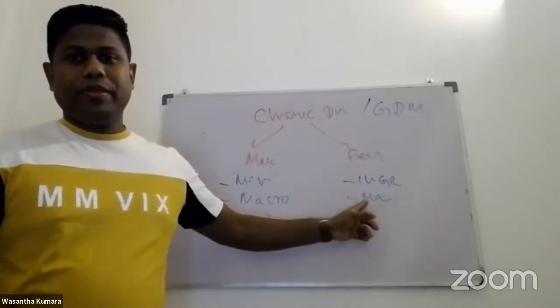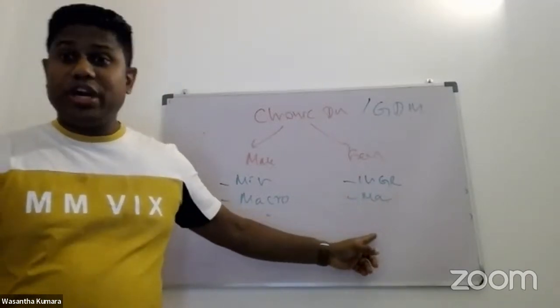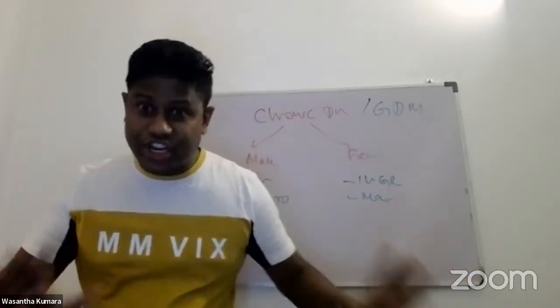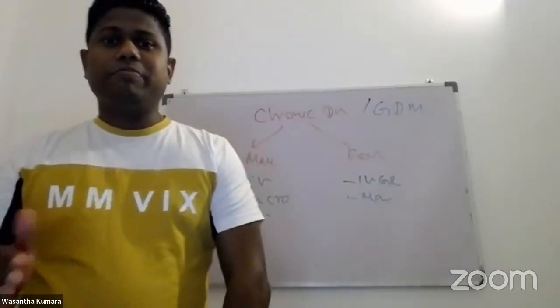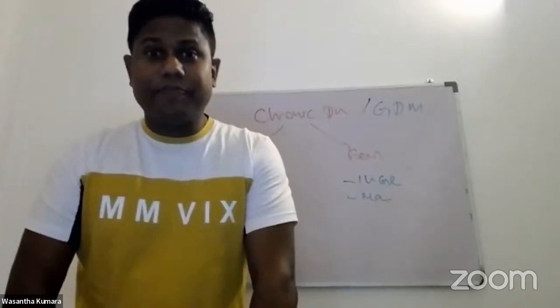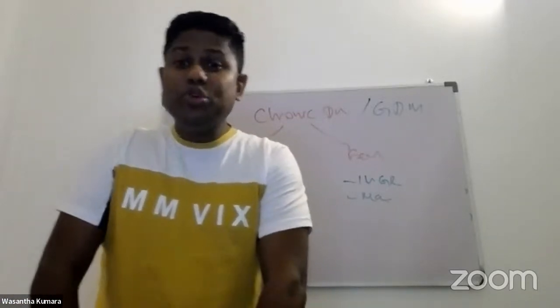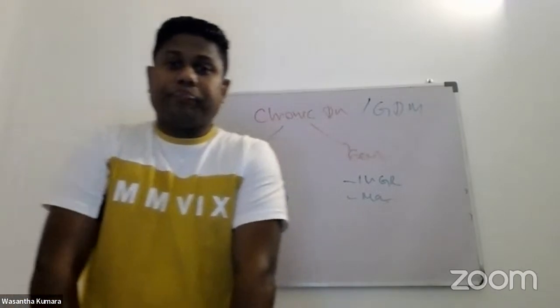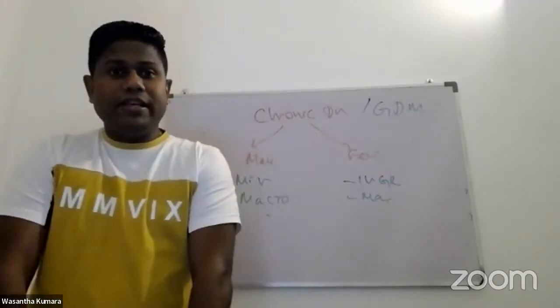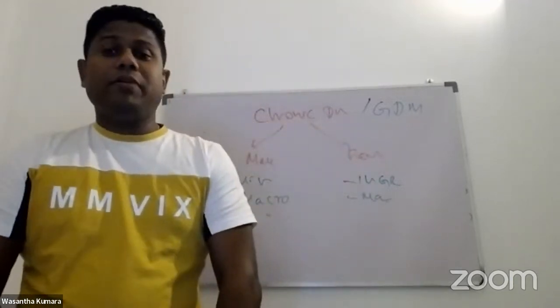No. They won't cause IUGR usually. Remember, GDM usually does not cause IUGR. But chronic diabetes, Sambhavika, can cause either IUGR or macrosomic babies.